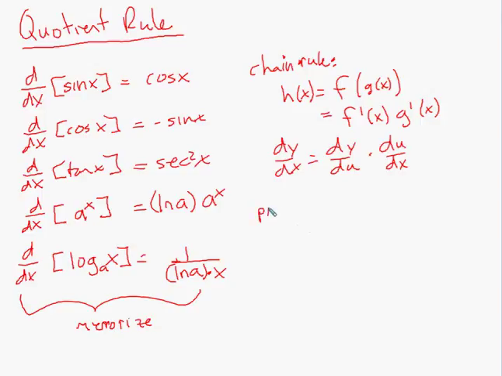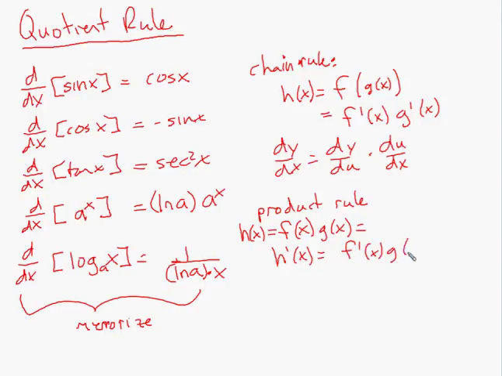And then we have the product rule, which we'll go ahead and use this notation for. If I have some function that I could write as f of x times g of x, so h of x equals a product of two different things, then the derivative of that is going to be f prime of x, g of x, plus f of x, g prime of x.